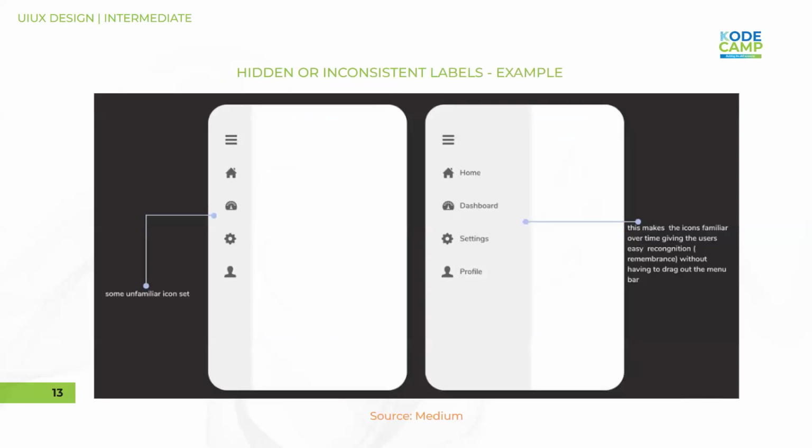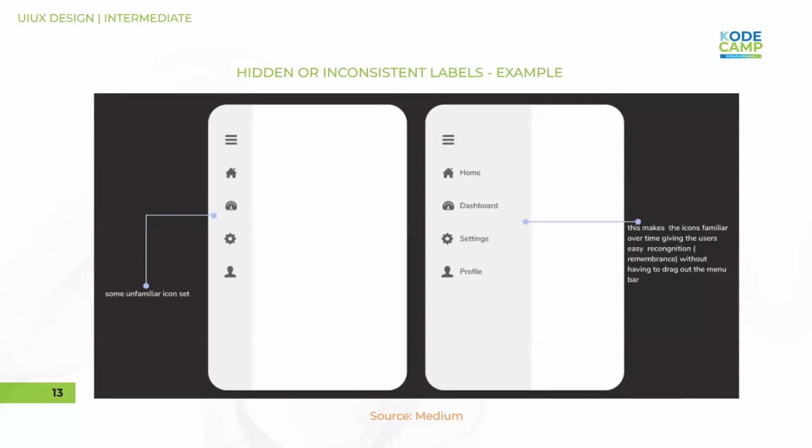All right, so this is what I was talking about, hidden or inconsistent labels. When you look at the one on the right, users might not know which one is home, apart from the fact that we know this is the home icon. But look at the second icon. Who would know that this icon is for dashboard? No one will know. So while bringing in those icons, also bring in text.